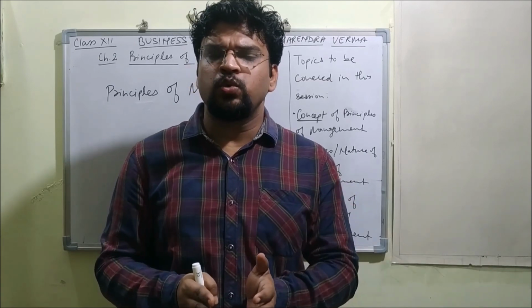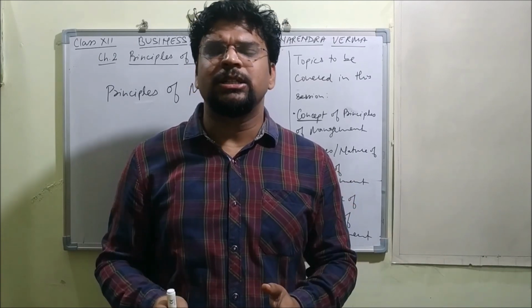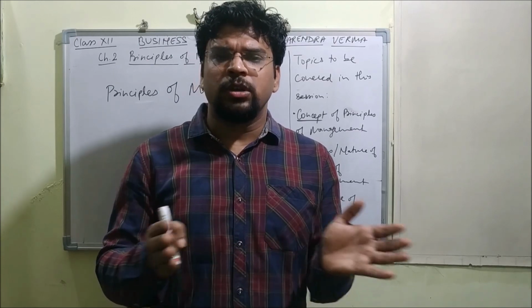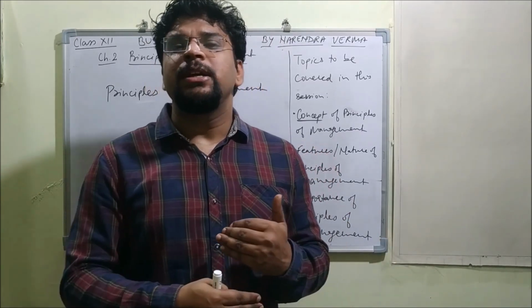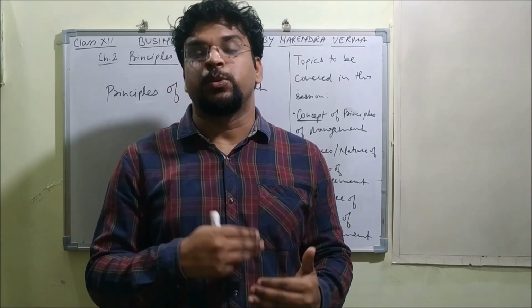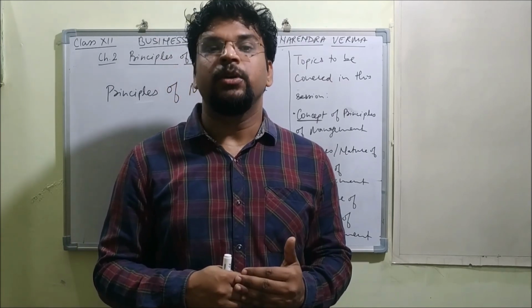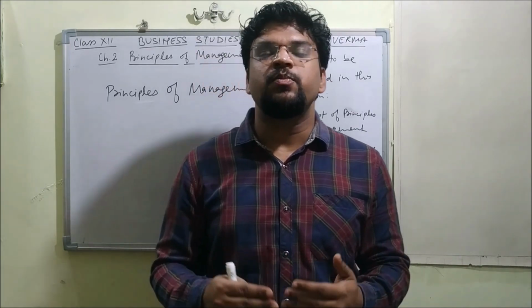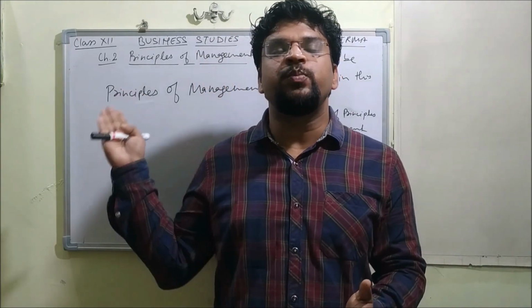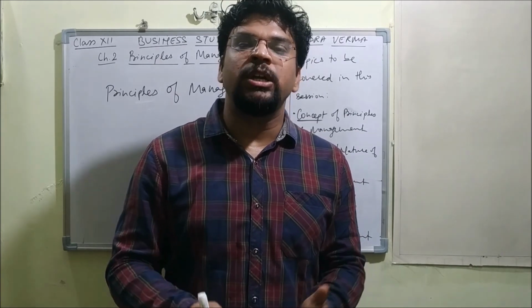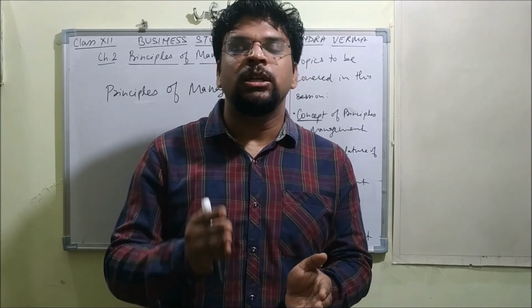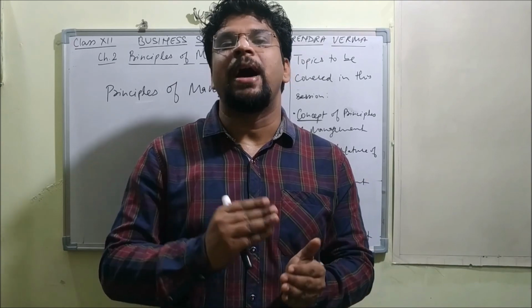If you want to understand in simple terms, the first chapter was the detailed explanation, and these are the application of that explanation. Because in practical life, only these principles are applied in the organization. Only then does the organization's management go in a smooth manner.